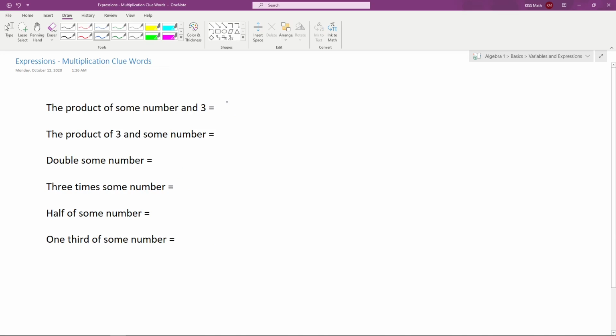Here are some clue words for multiplication. When you multiply something, the result is called the product. So the product of some number and 3 would be written just as 3x. Multiplication is commutative, so the order doesn't really matter here. So I could say the product of 3 and some number is also 3x. Or I could write that as x times 3. Anything when you're doubling or tripling or even halving some number would be considered multiplication.